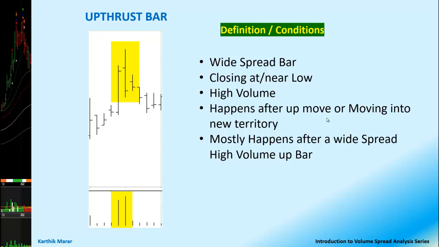The volume is high, about 1.5 times the average volume. It is not an excessively high volume, it is just high volume. It happens after an up move or when the stock moves into new territory. And most of the time you can see it after a widespread high volume up bar.